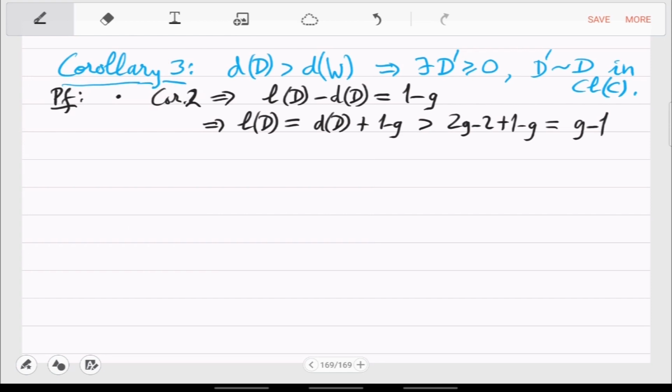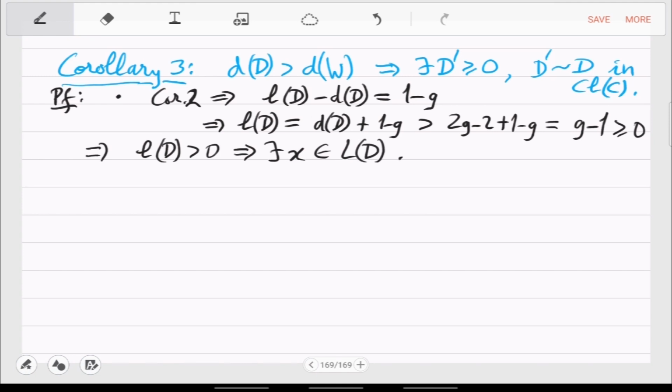what happens in genus 1? Then it's 0, but it's strictly greater than, yeah. So this essentially is greater than or equal to 0, which means that LD is positive, which means that a function exists. Right, so there is actually a function.